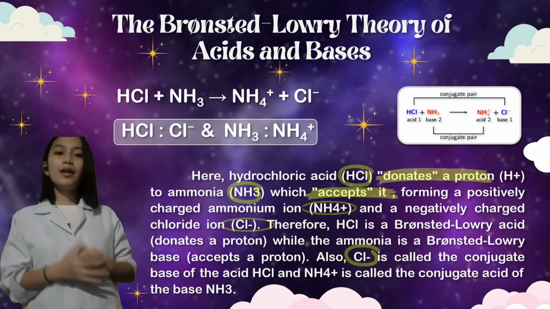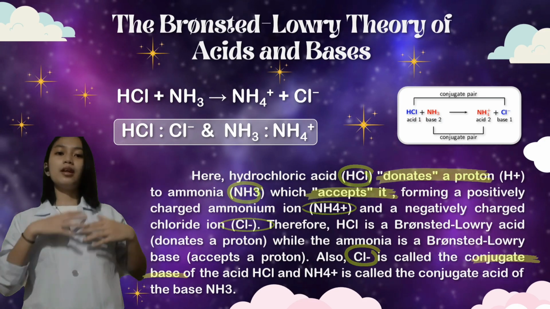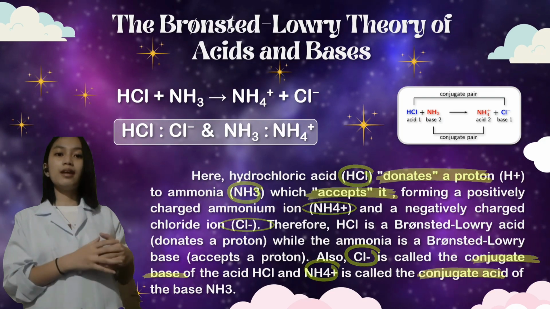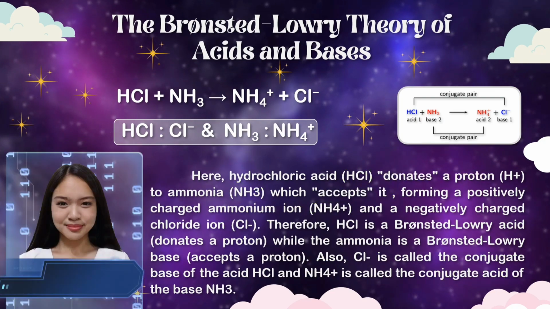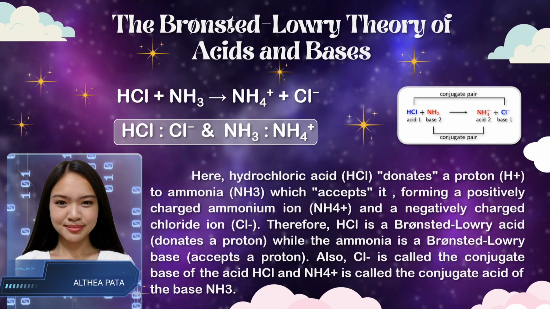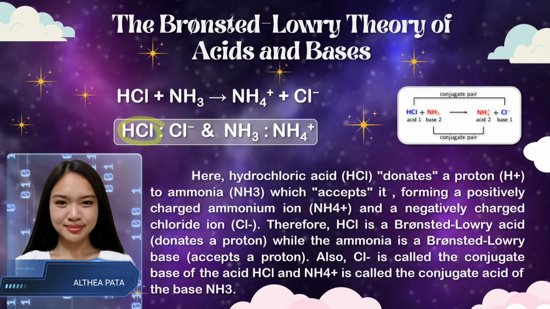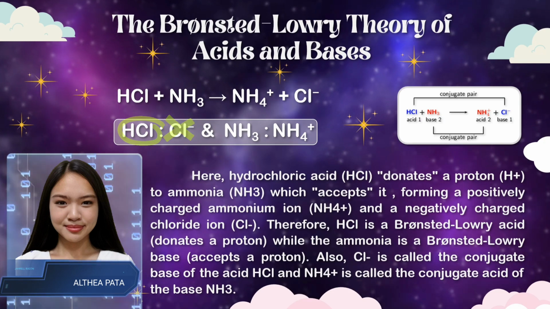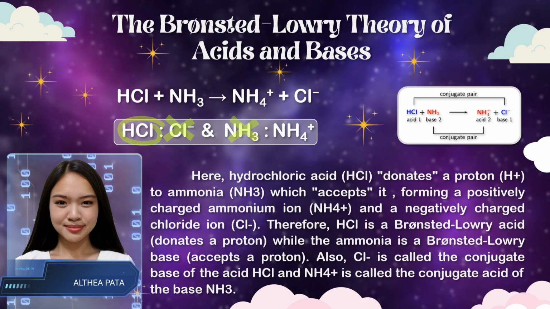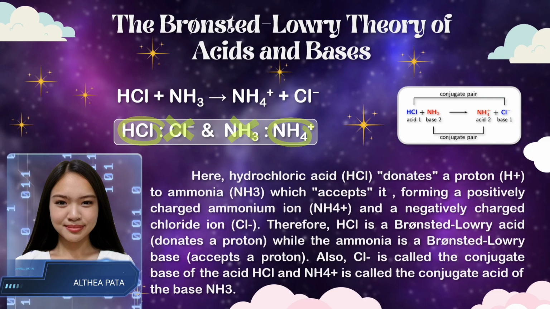Also, chloride ion is called the conjugate base of the acid HCl, and NH4 positive is called the conjugate acid of the base NH3. Yes, you've expounded it well, Nina. Yet, I'll add my takeaway for this example, wherein HCl has a particular pair called chloride ion as its conjugate base paired to its acid, and ammonia has a particular pair known as ammonium ion. Well, it is just the same thing.